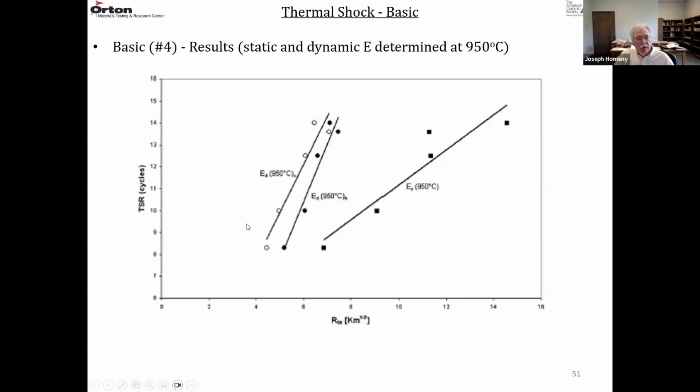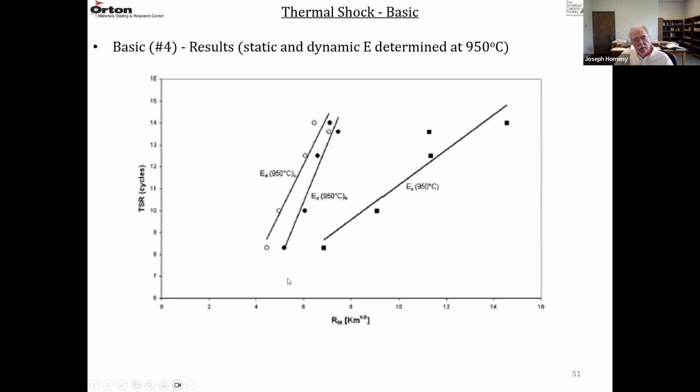So the thermal shock resistance versus RST. This first one is E dynamic at 950 cooling. This is E dynamic at 950 heating. And then this is E static at 950. So three different ways of calculating the elastic modulus.